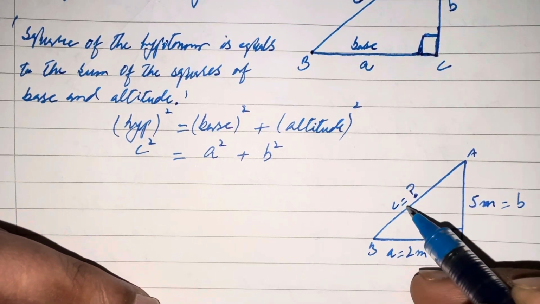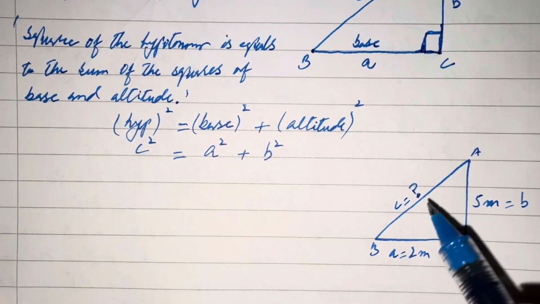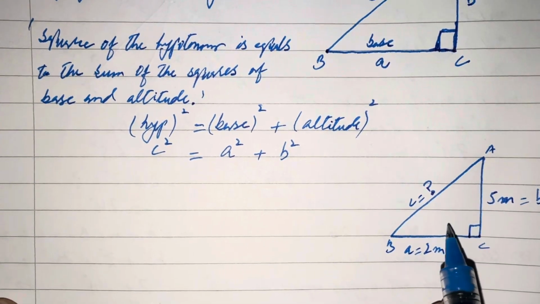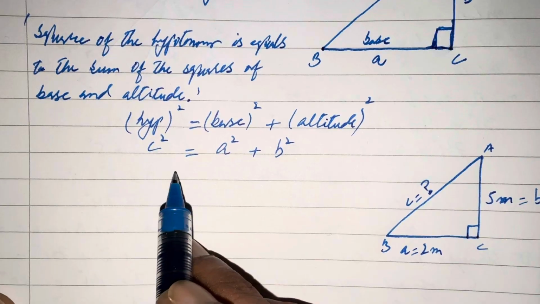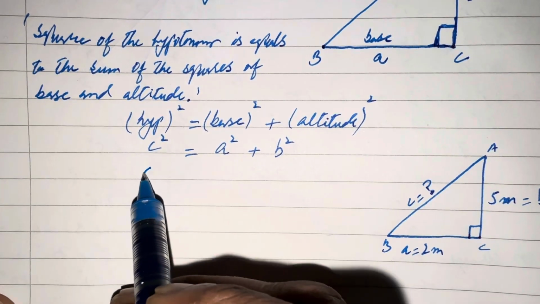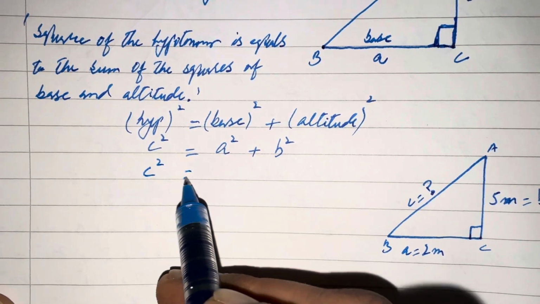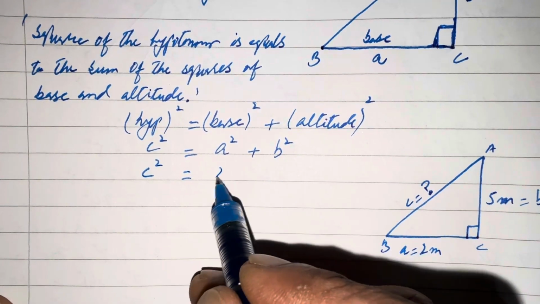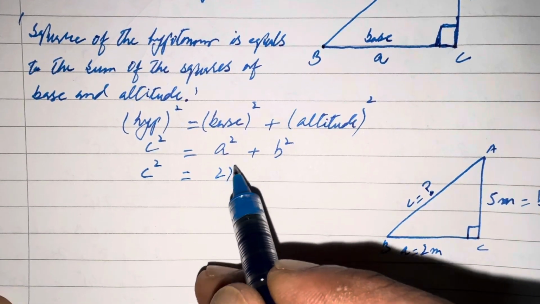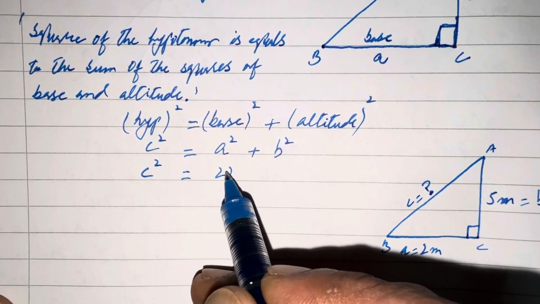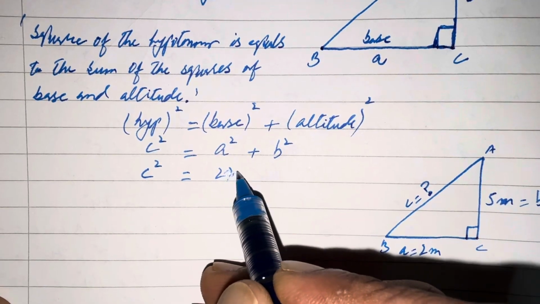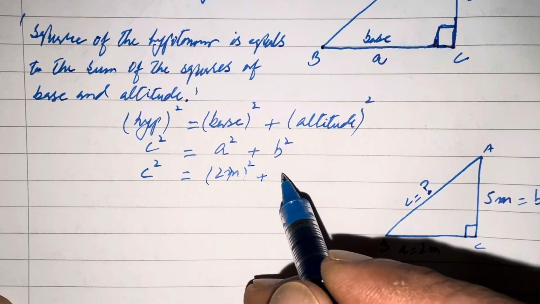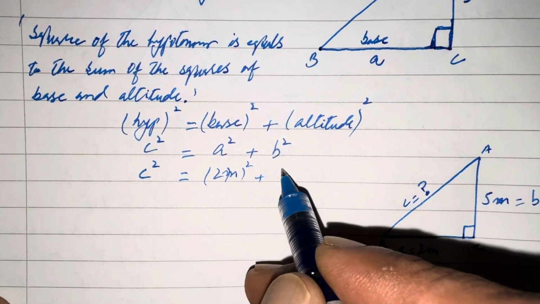That is the side we will have to find. Using the Pythagoras theorem, if we put the values into the formula, we get c squared is equal to a squared. The value of a is 2, so we put 2 meters squared plus the square of b, which is 5 meters.